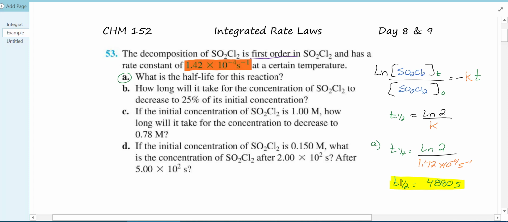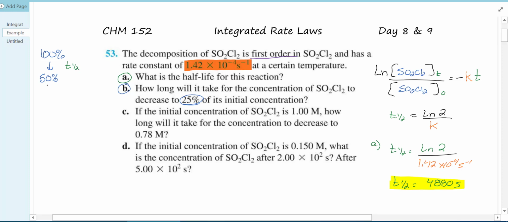Pretty straightforward, I hope. Now B's kind of fun. How long will it take for the concentration of SO2Cl2 to decrease to 25% of its initial concentration? Well, if we go from 100% to 50%, that would be T1/2.